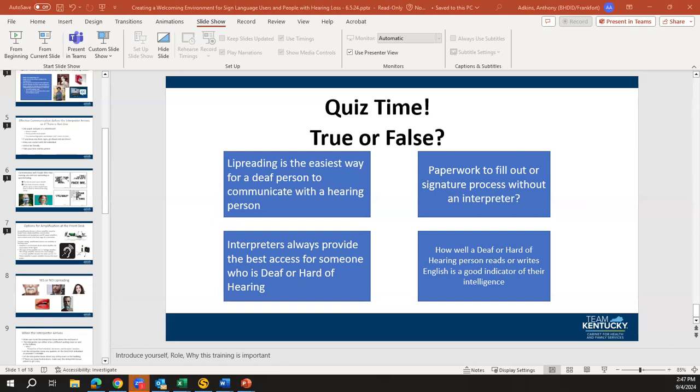Everyone got that one correct as well. That is a false statement. Especially with all the papers that we're trying to fill out, just know it's not always the best indication of their understanding. So that is all for my part of the presentation.